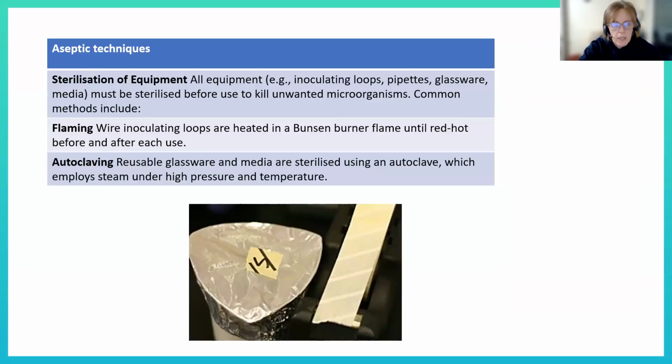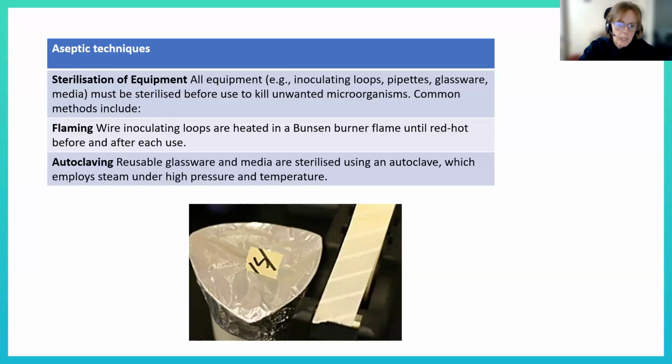We use the autoclave. We use a lot of reusable glassware like test tubes and beakers. Obviously, we use a lot of disposable stuff as well. The tips on our pipettes are always disposable, but the glassware is reusable because you can't just keep chucking everything out. It's not very good for the environment and really expensive.